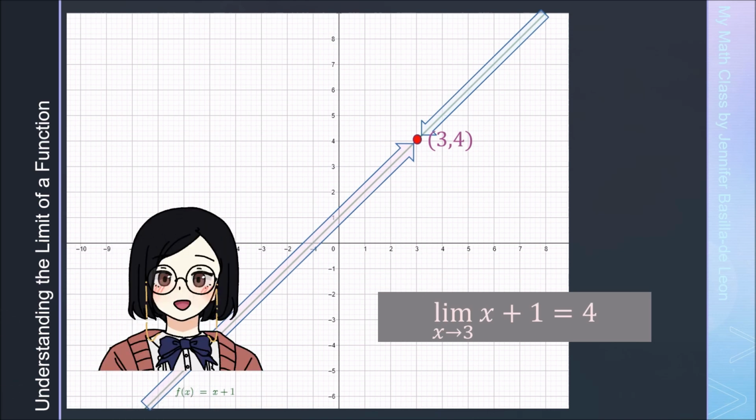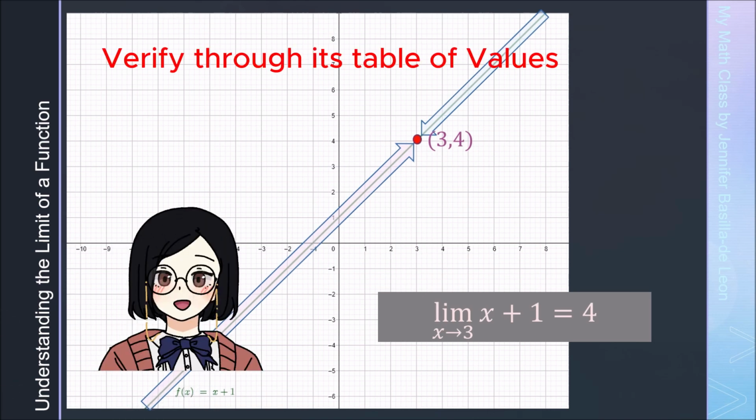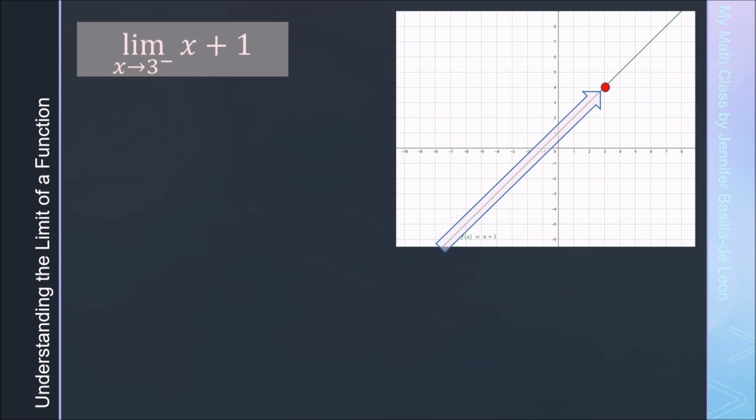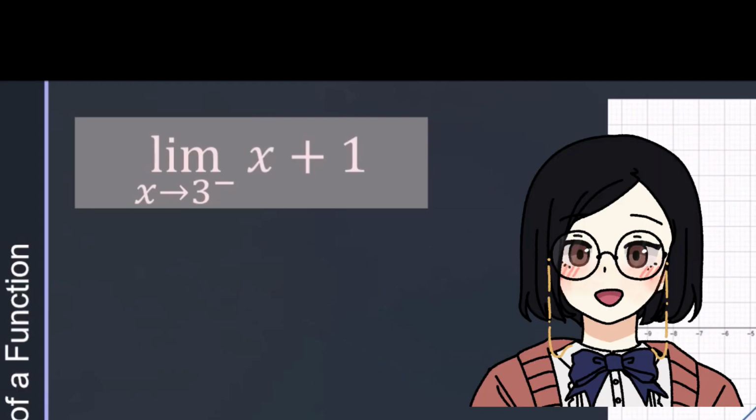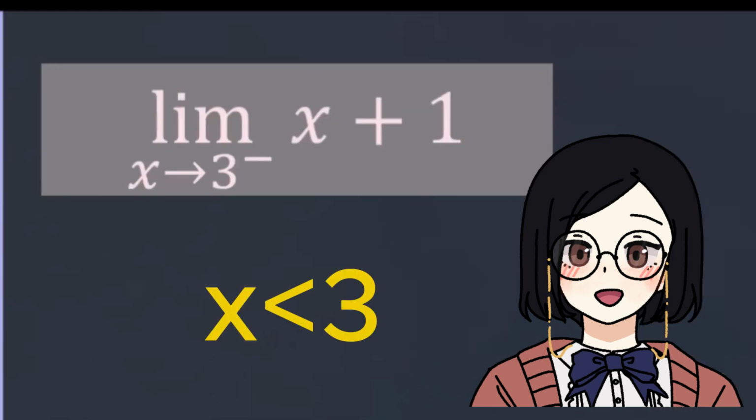Let's verify our conclusion through a table of values by evaluating the function with appropriate values of x. Let's have first the left-hand side of the limit. In symbols, we have the limit of x plus 1 as x approaches 3 from the left. In this case, consider only the values from the left of 3.